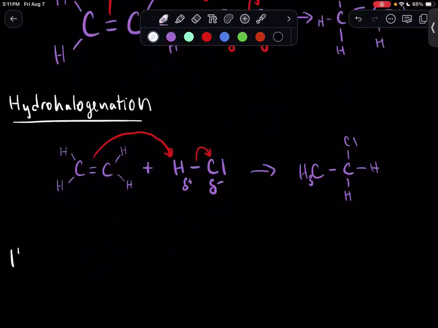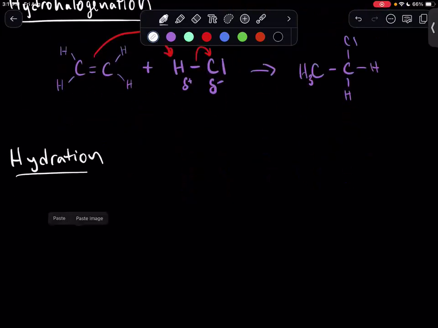The last type of electrophilic addition we'll look at is hydration. Hydration, just like hydration in you, means the addition of water. So we'll start once again with ethane. And remember, you can do this with any alkene, or sorry, ethene, and you can do it with any alkene. And we'll add water, HOH. And once again, we can see those partial charges, which make this kind of obvious.